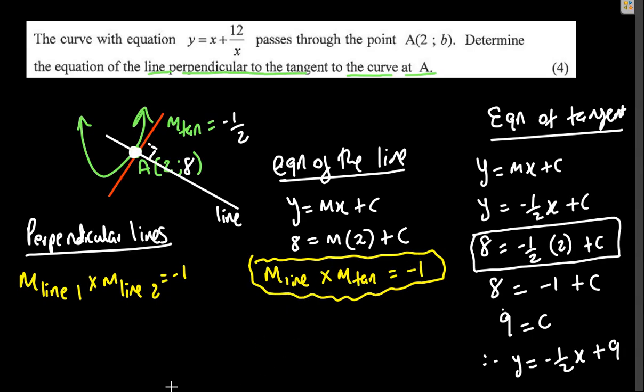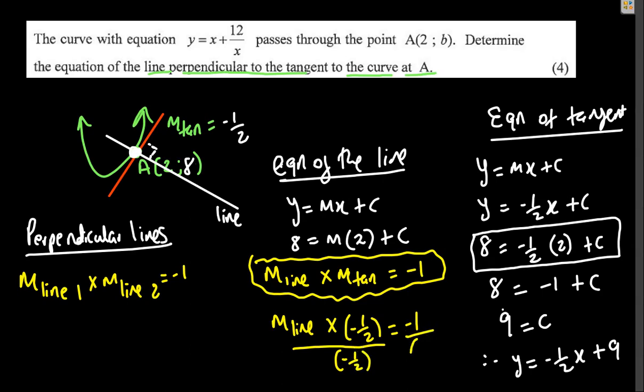Okay, so using this, now we can get the gradient of the line. We do not know the gradient of the line, then we put multiply, but we know the gradient of the tangent. What is the gradient of the tangent? It is -1/2. So we say gradient times -1/2 is equal to -1. Then how do we get the gradient of the line? You divide both sides by -1/2.